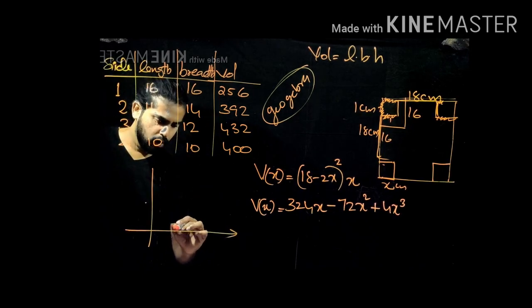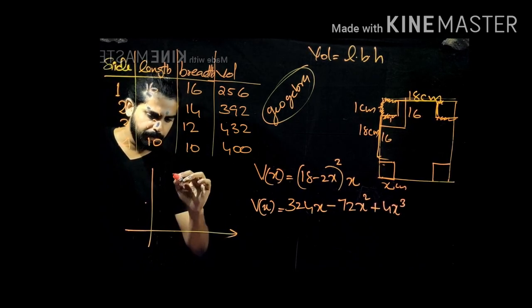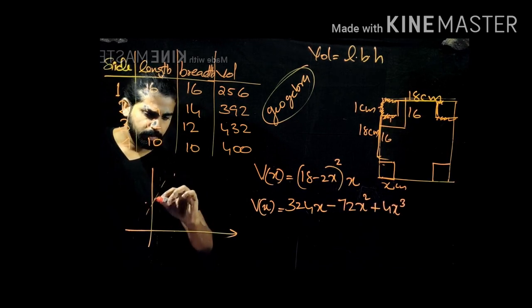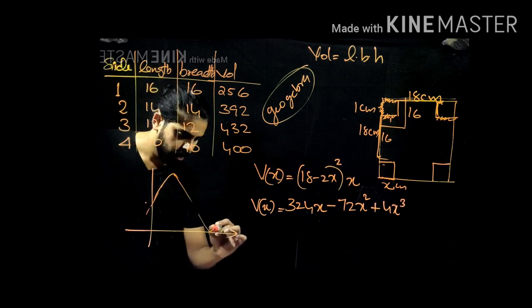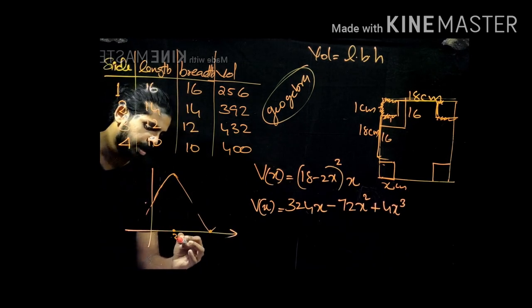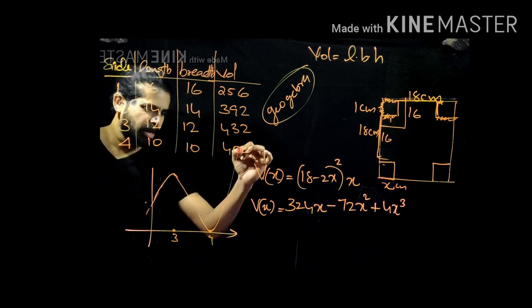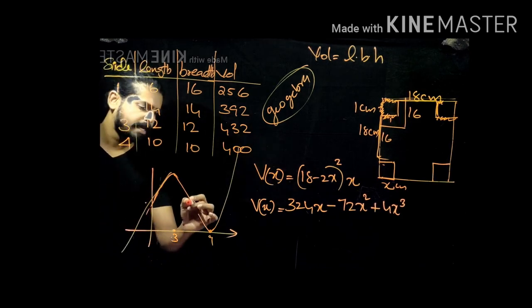At 3, it was 432, it was maximum. And at 9, it seems to be minimum. This point was 3, and this is 9. The graph was somewhat like this, not exactly.